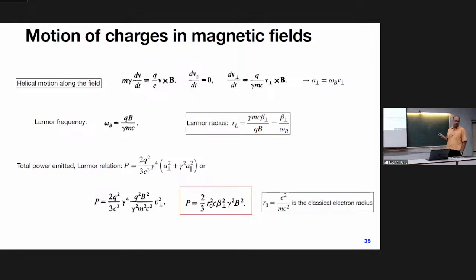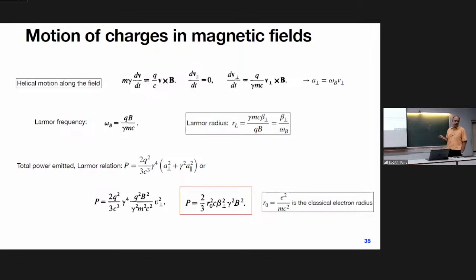This tracking of the gamma is important. We'll see soon why. And then there is a Larmor radius, defined by the perpendicular velocity. The total power emitted, now I'm using the Larmor formula. So this is the relativistic form of the acceleration vector. It looks like gamma squared, so the acceleration vector squared is gamma to the power 4 times the perpendicular component squared plus gamma squared times the parallel component squared.